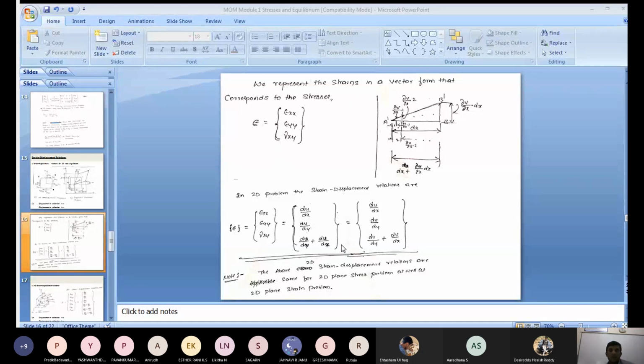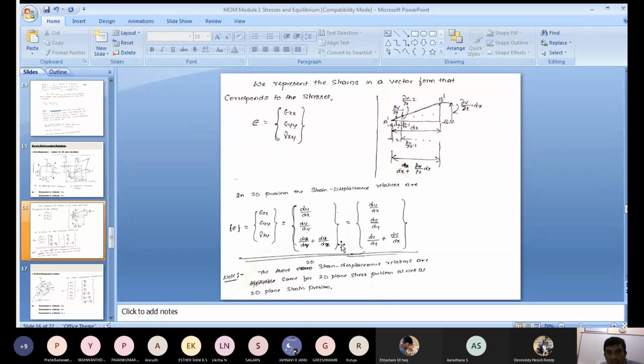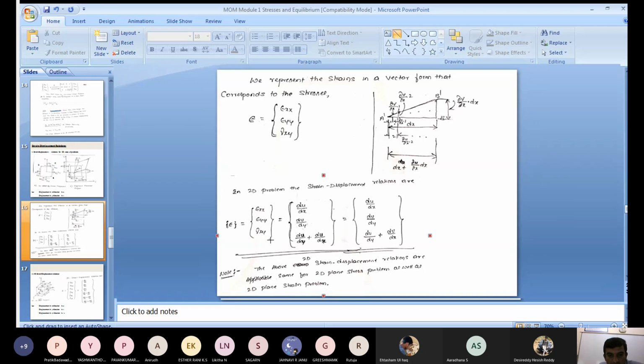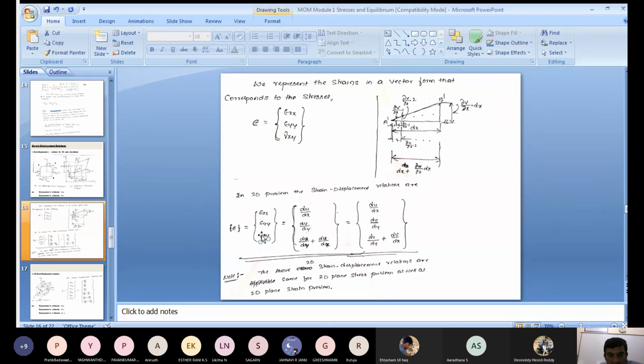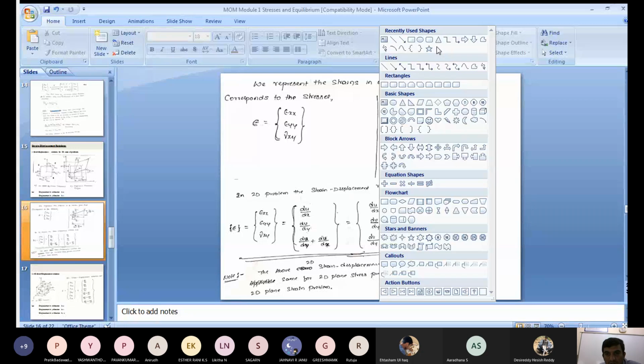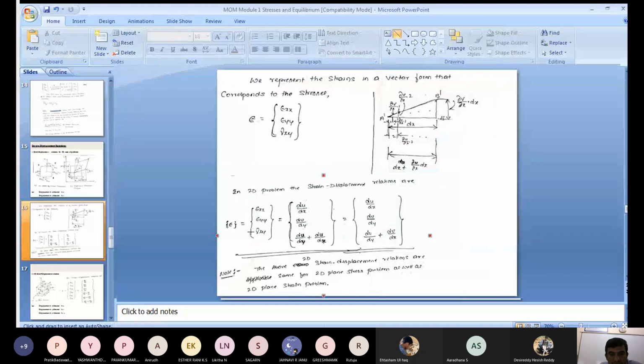This is the way you should remember. So see that, how do you remember this? Now first for gamma xy, okay, 1 minute. For gamma xy, if you want to remember this, what is the strain induced in gamma xy, in terms of displacement?